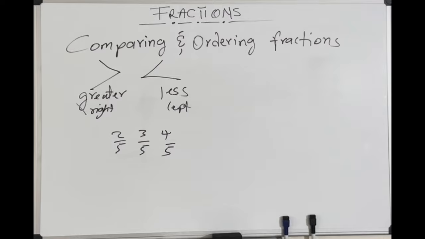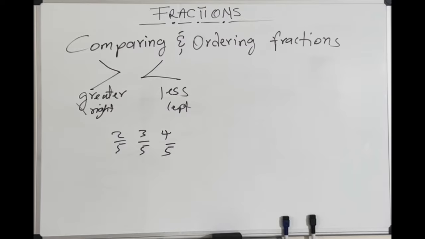And then we can compare them using the less than or greater than sign. This is what we call ordering or arranging them in ascending order or increasing order of magnitude or size, starting with the smallest.